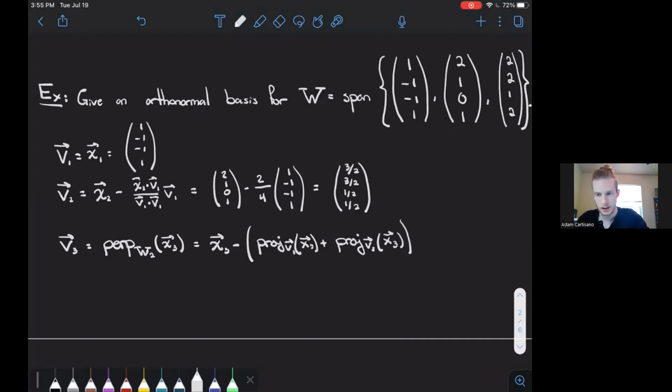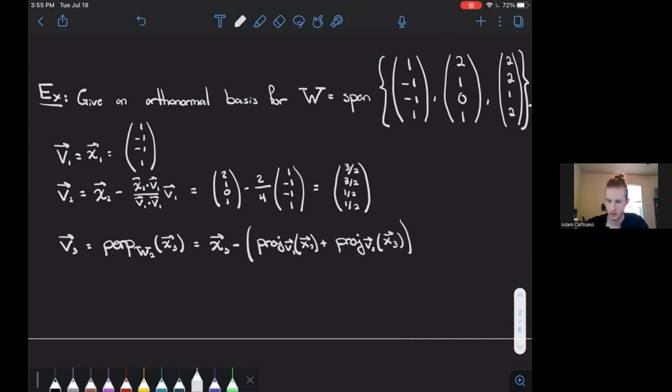You should recognize that as the definition of the component of a vector perpendicular to a subspace. v1 and v2 are basis vectors for that subspace by construction. W2 is literally the span of those vectors. And so the component of x3 perpendicular to that subspace is x3 minus the sum of the projections onto each of the basis vectors.